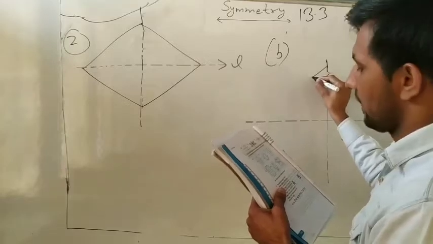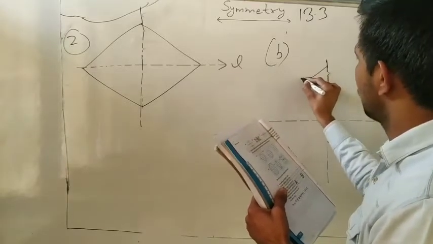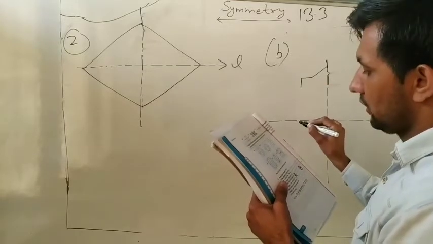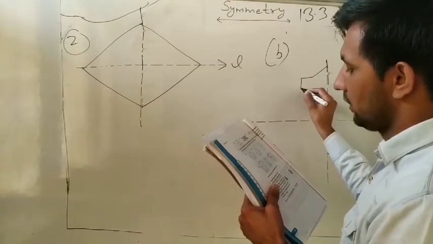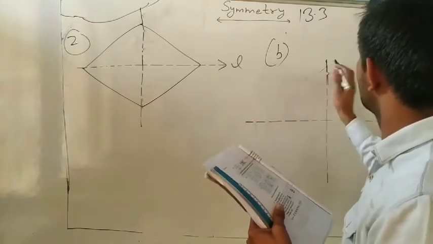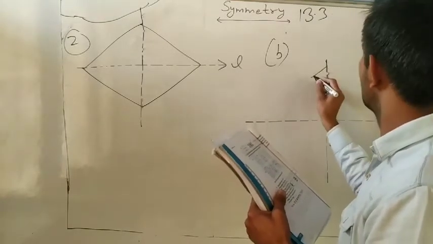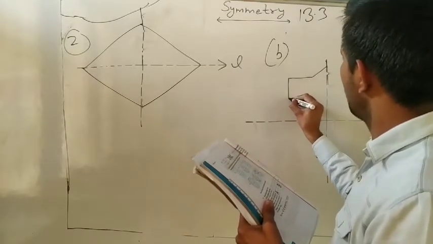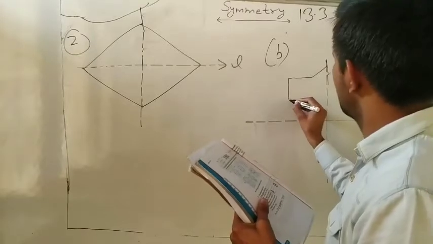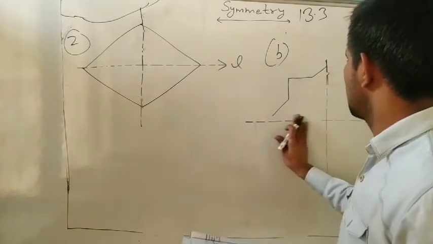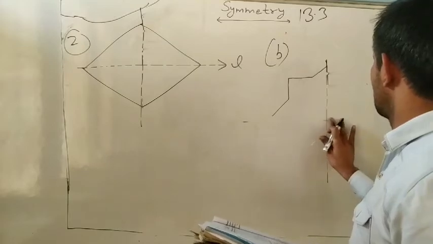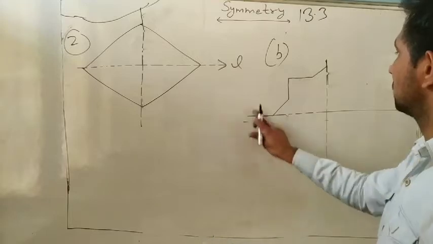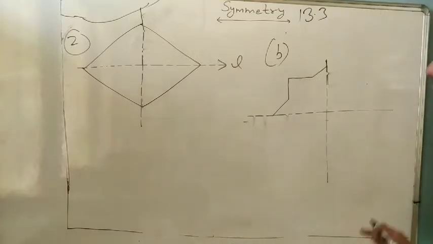I am making figure 1, now 2, 3, and 4. Understand? In B part, 1 and 2 are given, so we have to make the rest.